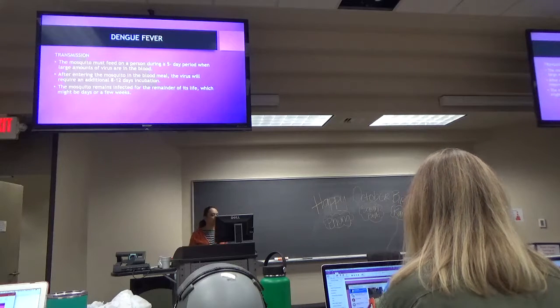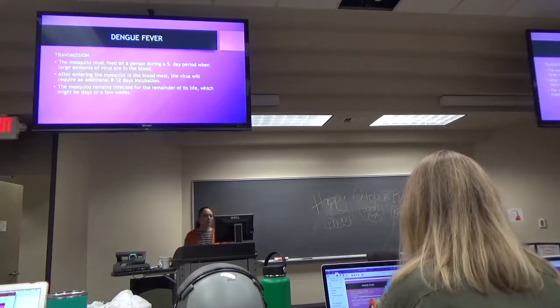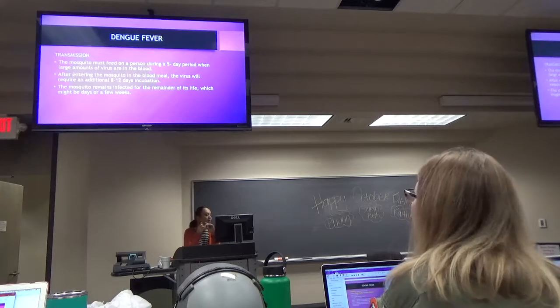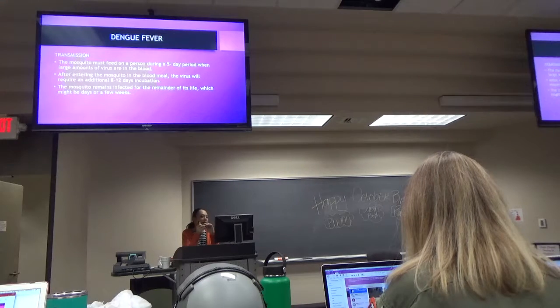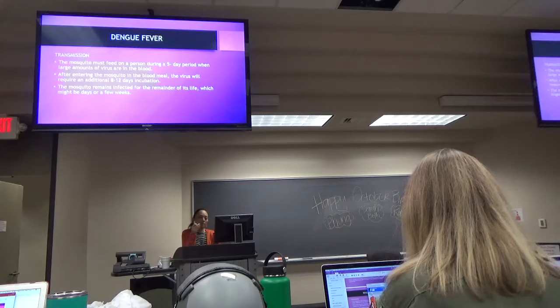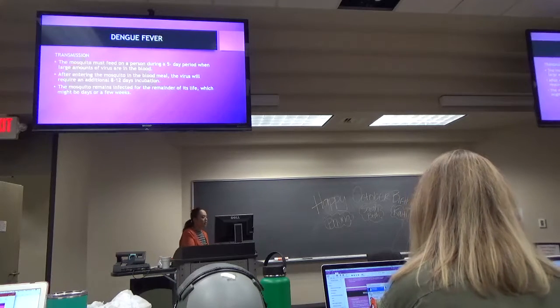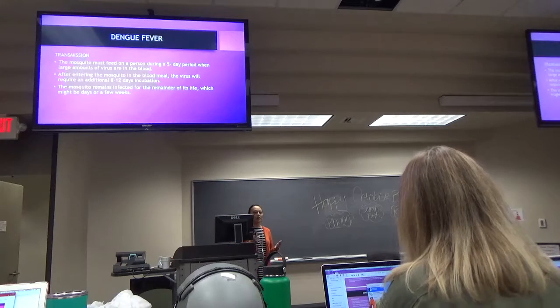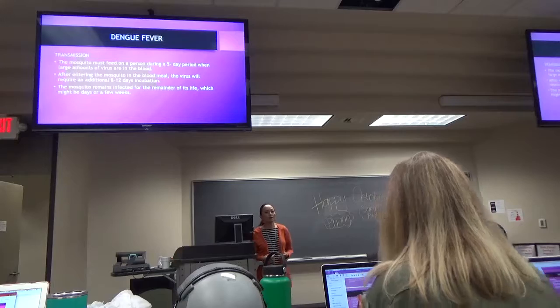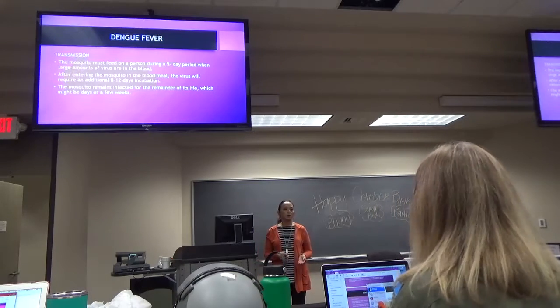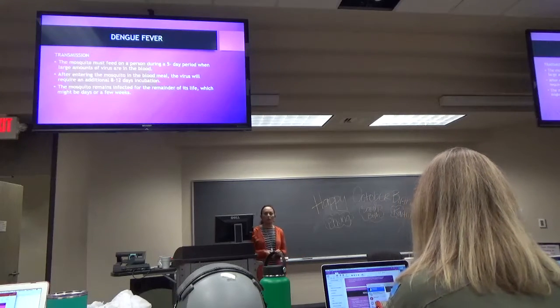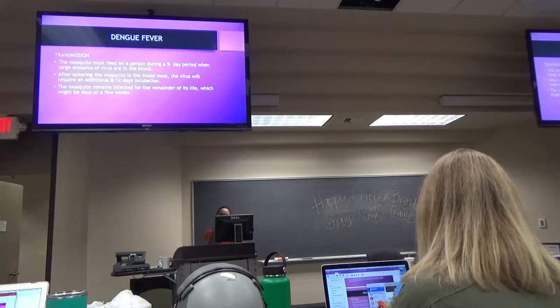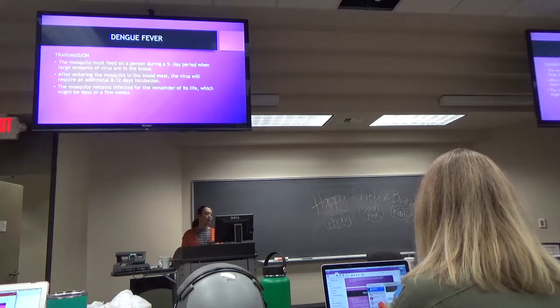So again, transmission is from the mosquito. The mosquito will feed on a person that is infected, or the mosquito is infected and feeds on the person, or vice versa. It's hard to read whether it's an infected mosquito or an infected human. I think the way they wrote this one, it's from an infected person.